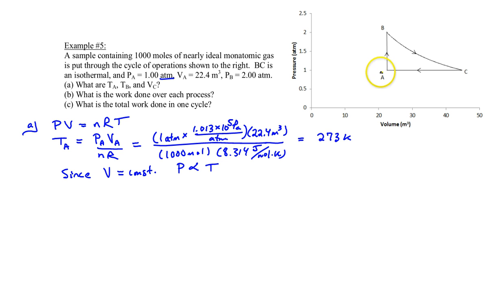As we move, pressure A is really half of pressure B, thus we can see that the temperature at B will be twice the temperature at A.